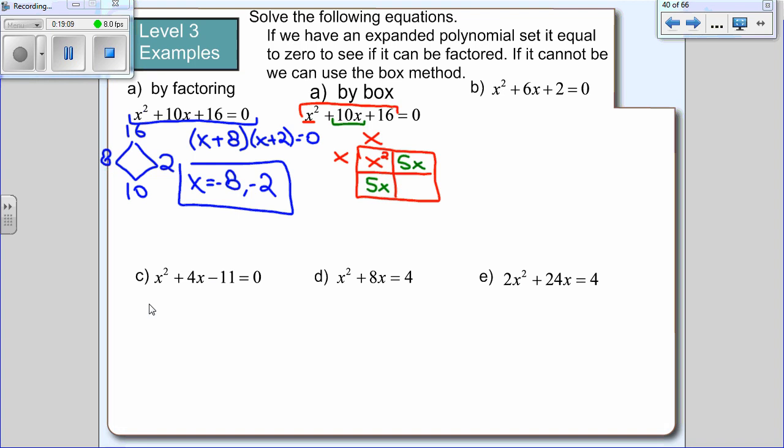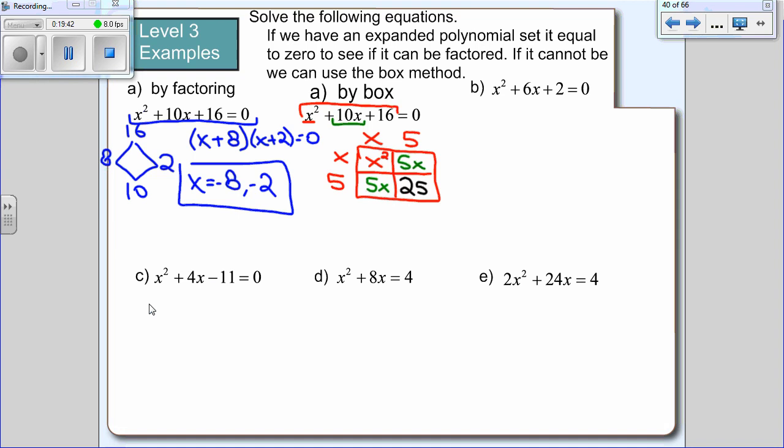What number times x would give me 5x? 5. And what you just did was you created 2 binomials that were the exact same. One binomial is x plus 5, the other binomial is x plus 5. There's a problem with this method. And the problem is, what's the 4th box going to be equal to if that's an area diagram? 25. And 25 does not equal 16.